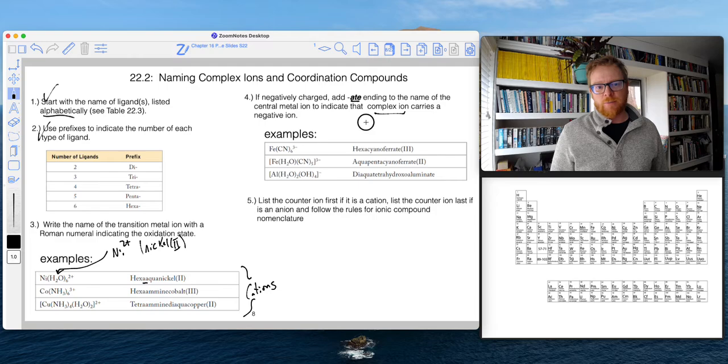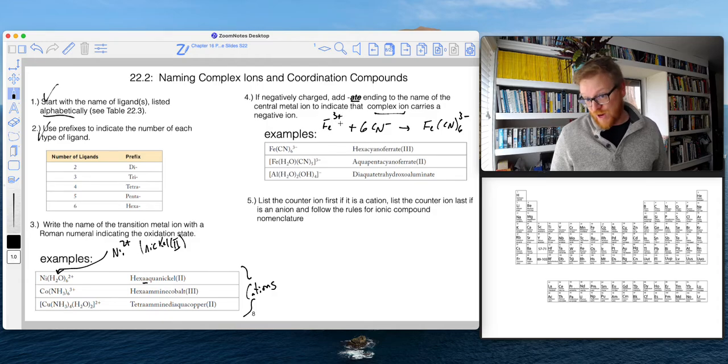So I'll put 6 CN minus, and we know that it made an Fe(CN)6 3 minus. In order for this whole complex ion to be 3 minus, it had to have started with an iron 3.